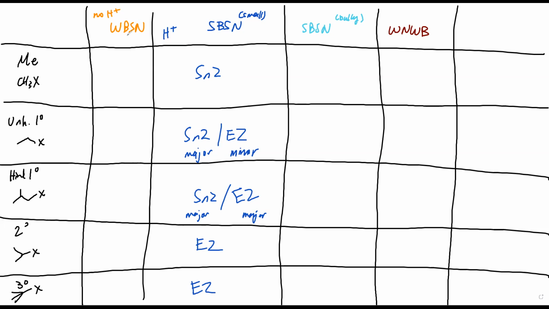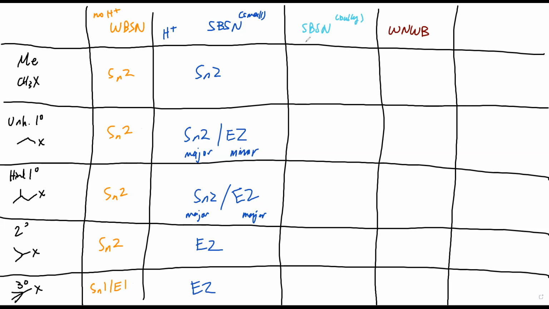Weakly basics are never doing E2, never any elimination reaction. You're really only seeing SN2 reactions out of any of these: SN2, SN2, SN2, SN2. You might remember I made that note that tertiary is so slow that SN2 is not the reaction we observe. Really, the reaction we'll observe is SN1, E1. So these will be SN1, E1 reactions.